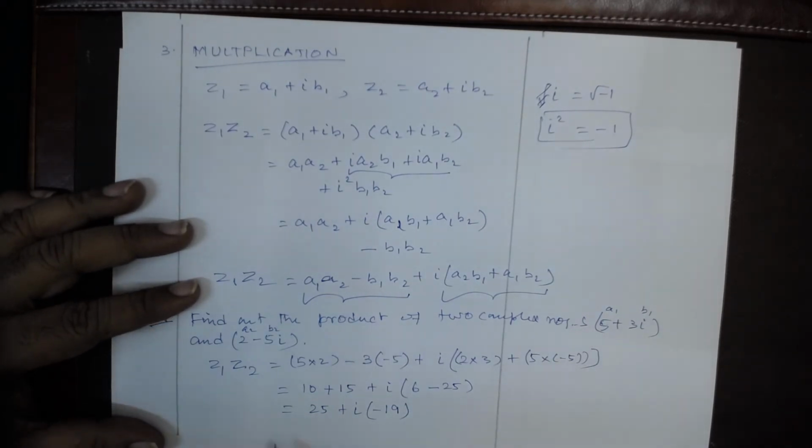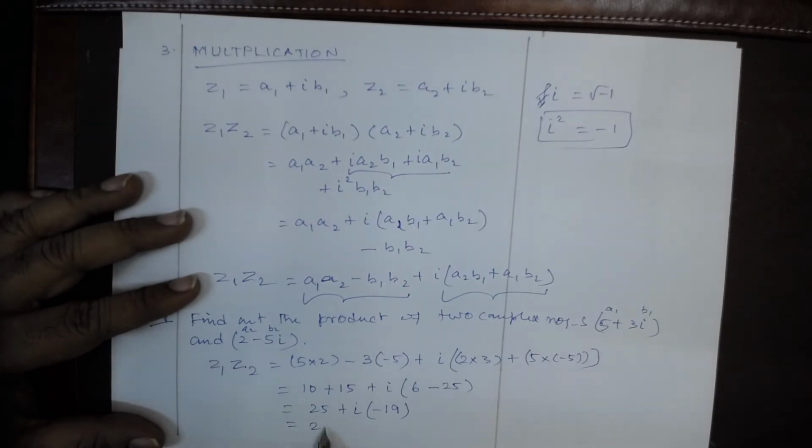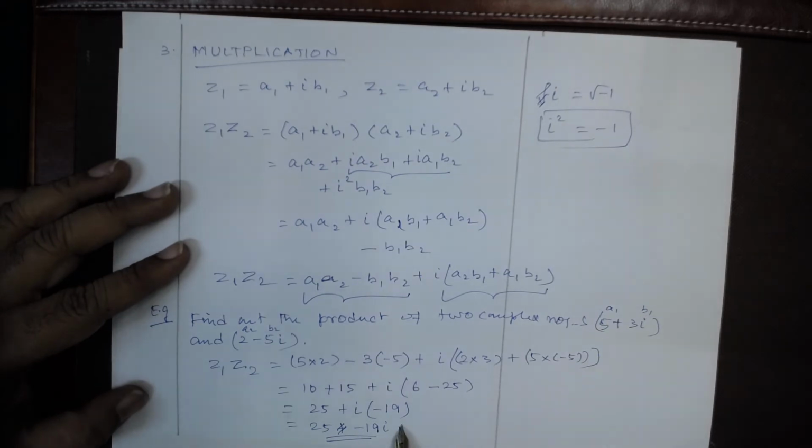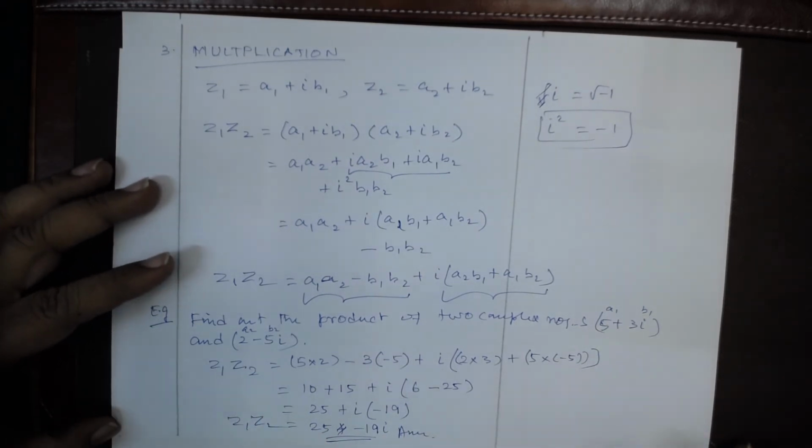So you can get the answer 25 plus minus 19i. This is the answer. So you can put minus here. Okay, so 25 minus 19i. This is the product of the complex numbers.